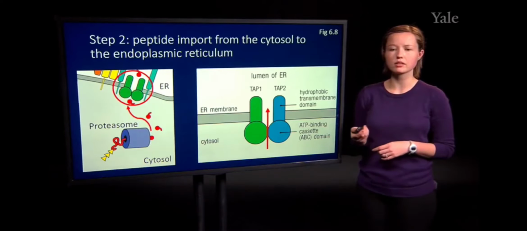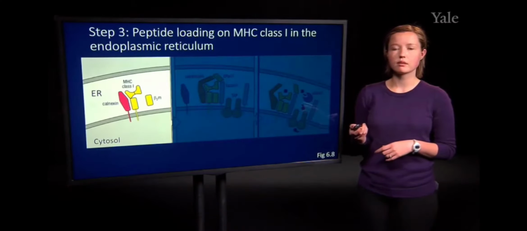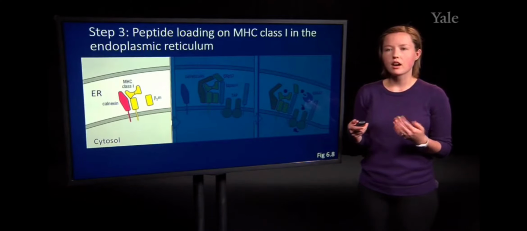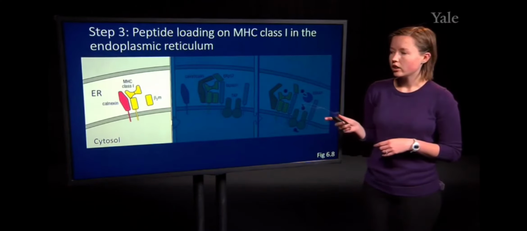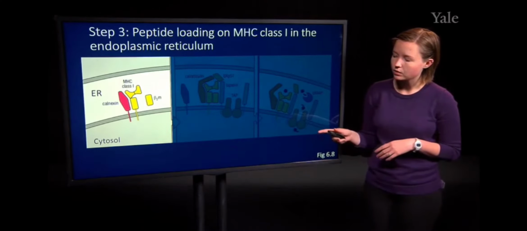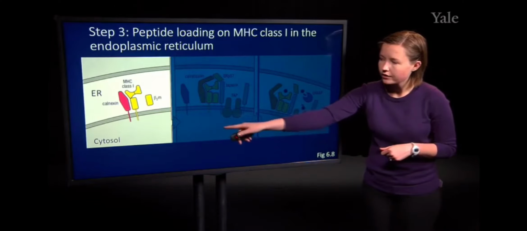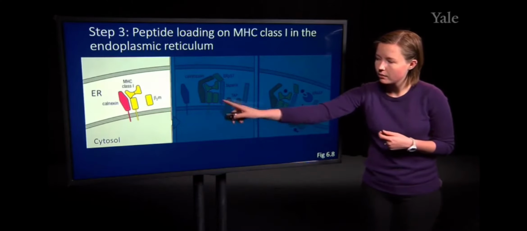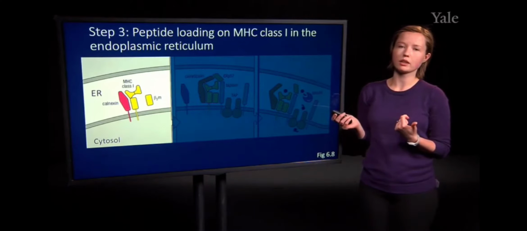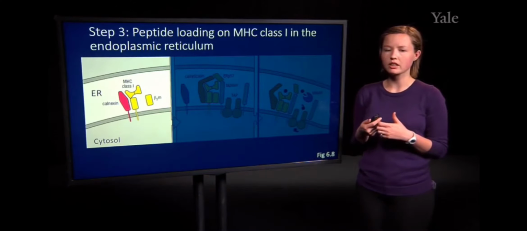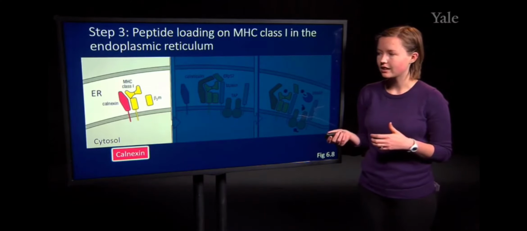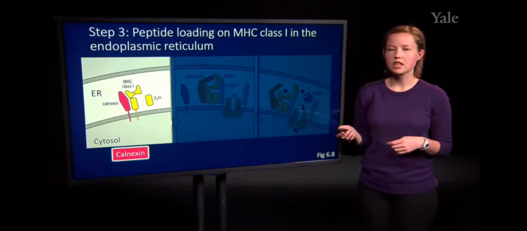So when we move to step 3, where we have peptide loading on MHC class 1, here we're in the context of the ER and we can see our MHC class 1, which the alpha chain is shown separately from beta-2 microglobulin, and at this state, before beta-2 microglobulin interacts with MHC class 1, we have this chaperone protein referred to as calnexin that is stabilizing the protein because it's not fully assembled.